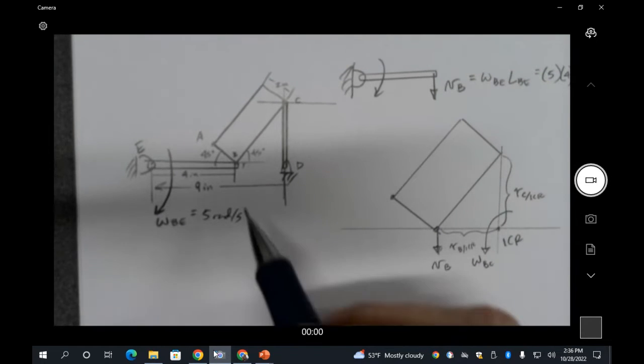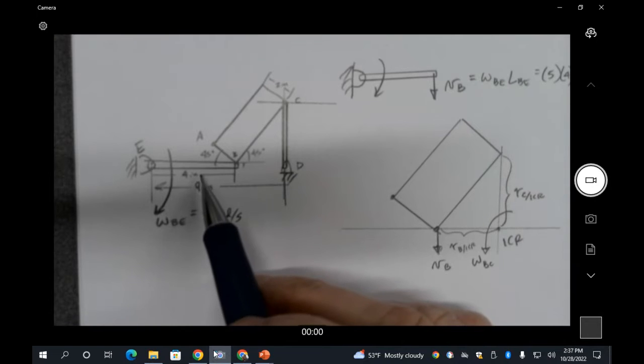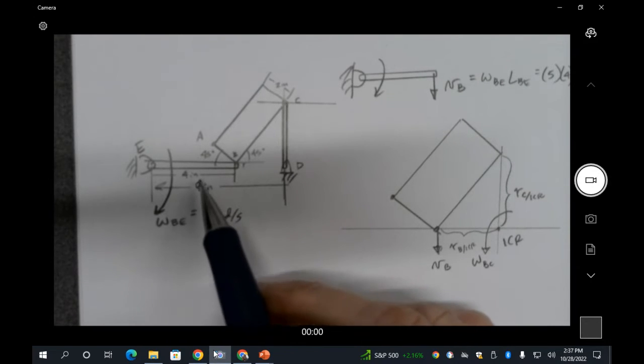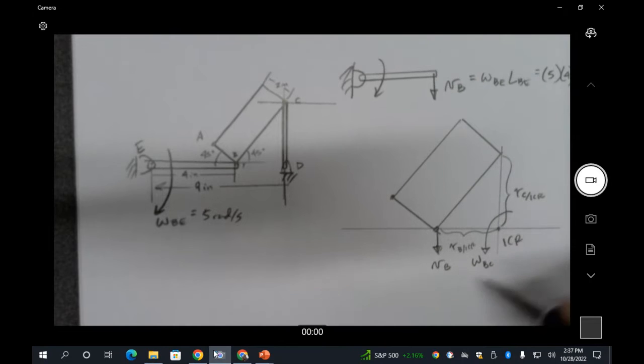So coming back to the original problem here, we can identify that this length between B and D must be 5 inches, right?